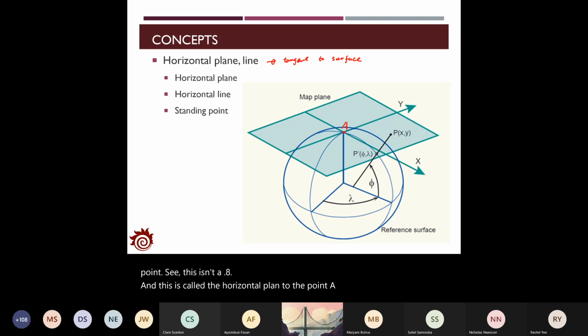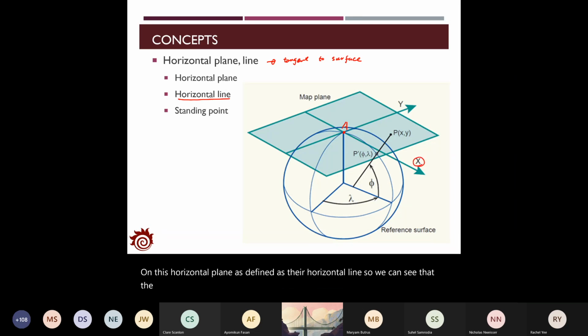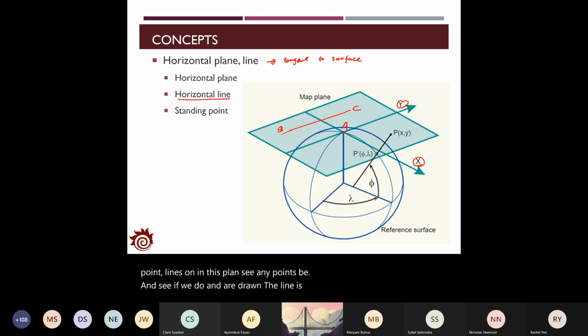And any line on this horizontal plane is defined as a horizontal line. So we can see that the x-axis is a horizontal line, and the y-axis is also a horizontal line. And for any other lines in this plane, say between any points B and C, if we draw a line, it's also a horizontal line.